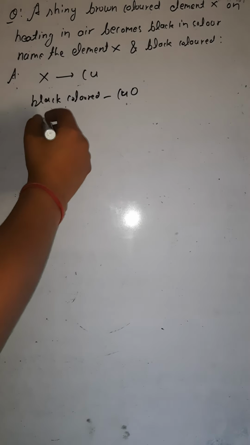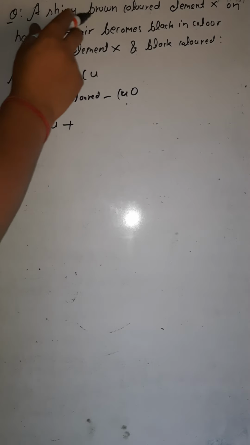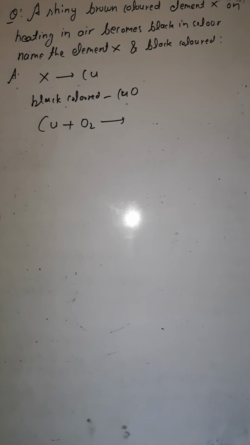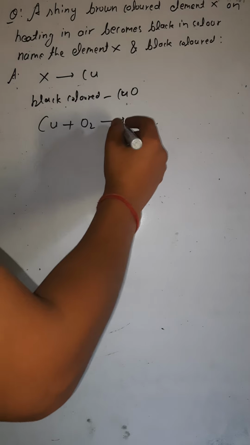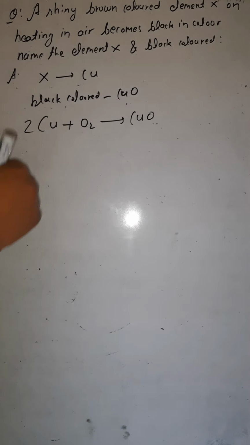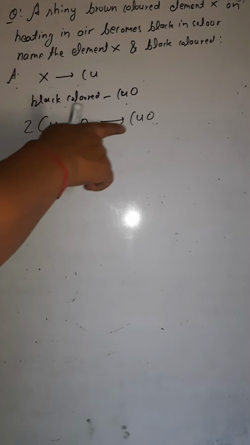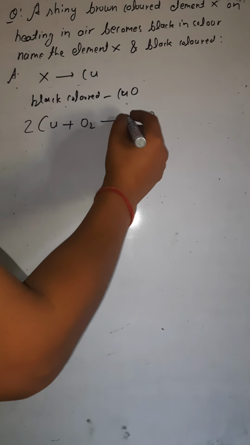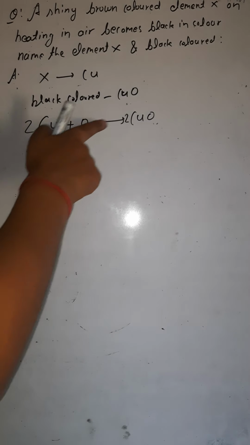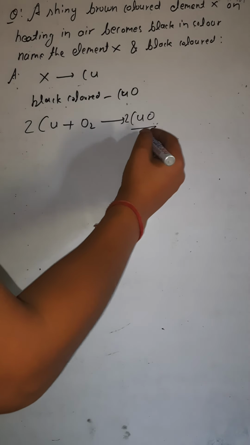This is the reaction taking place: copper, the shiny brown colored element X, on heating in air, means heating in the presence of oxygen. So what could be formed here? CuO could be formed. Okay, so it would be 2Cu + O2 gives 2CuO. So copper on heating with air gives copper oxide, and the color of copper oxide is black.